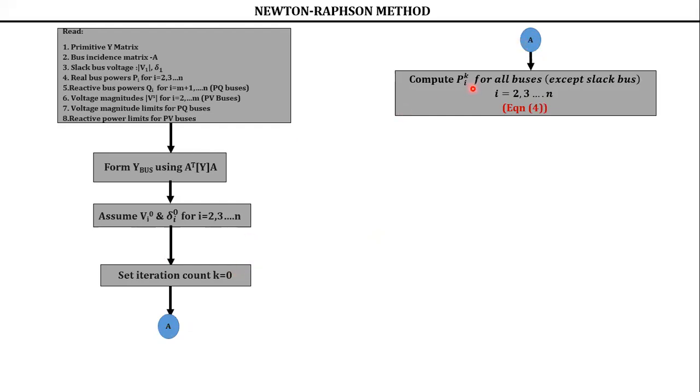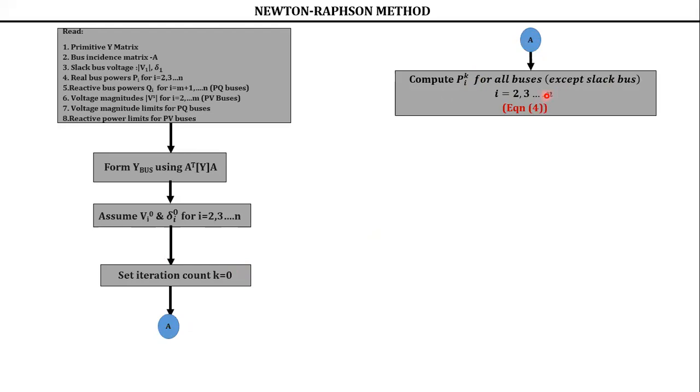Now compute all real powers using equation 4. I have written it here for all buses except the slack bus. Understood? Can we calculate Pik for all buses irrespective of whether it is a PQ or PV bus? Yes.